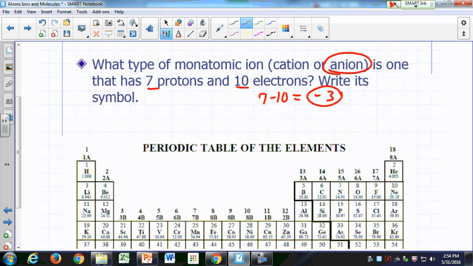Anything that has 7 protons would have what symbol? It would have N. That's nitrogen. It has a nucleus with 7 protons. So it gained 3 electrons. So the symbol would be N with a charge of 3 minus. You write it as 3 minus.